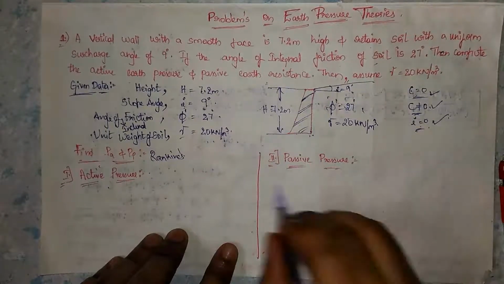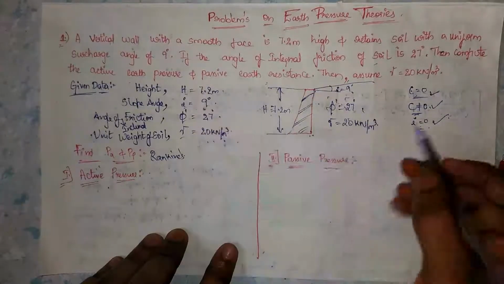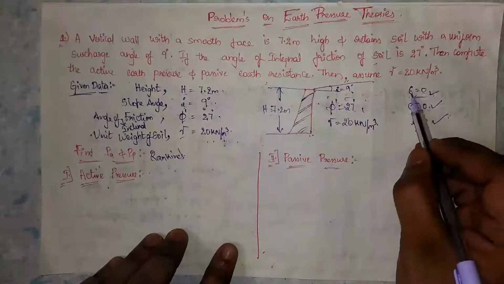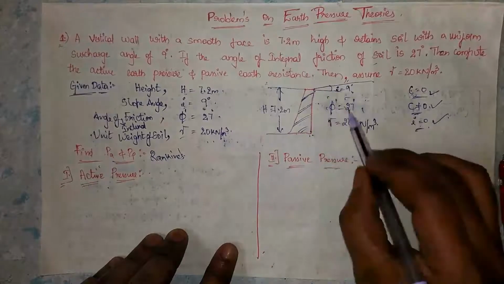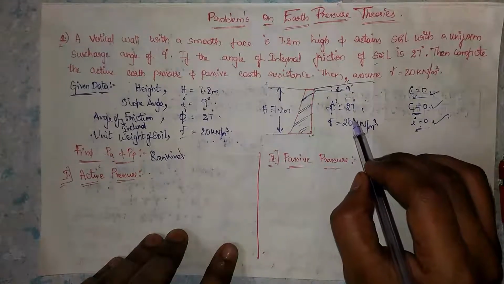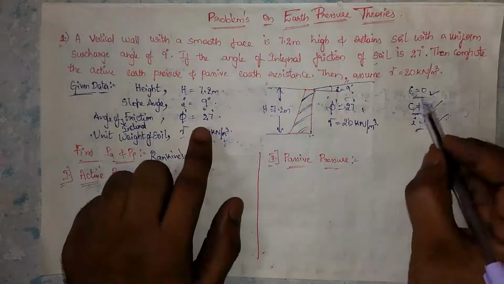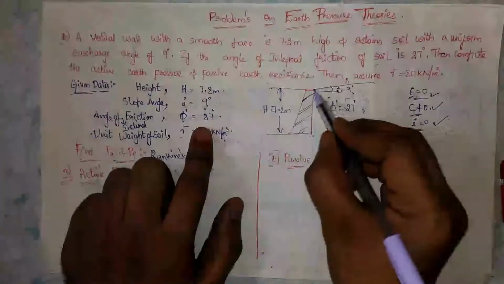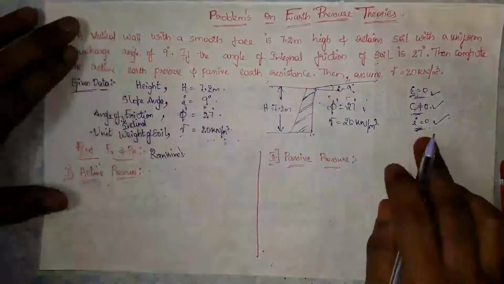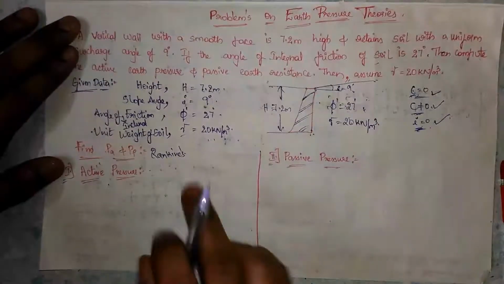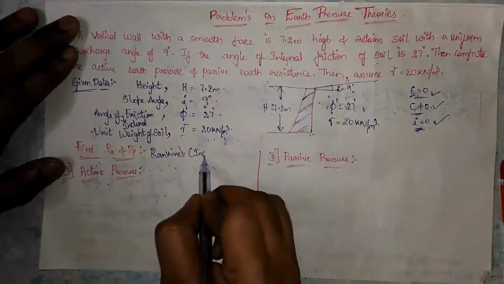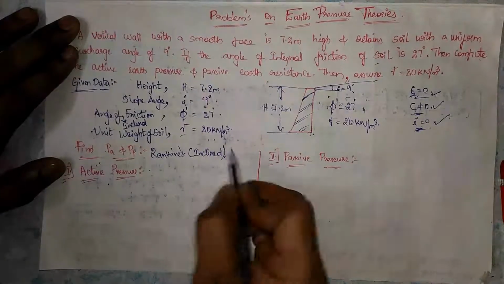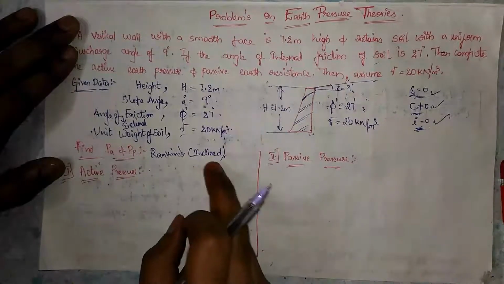Observe here, C means nothing but cohesive forces. In this given data, he does not mention any C, he just mentioned i, which is nothing but the slope angle. So that formula will be suited. So now use the formula of Rankine's theory in inclined position.